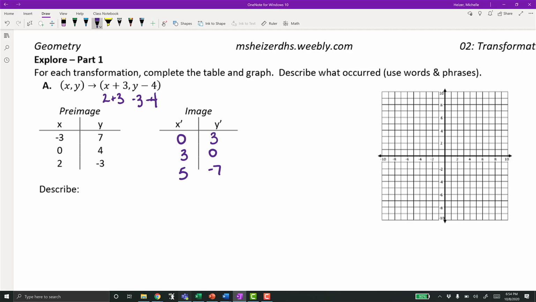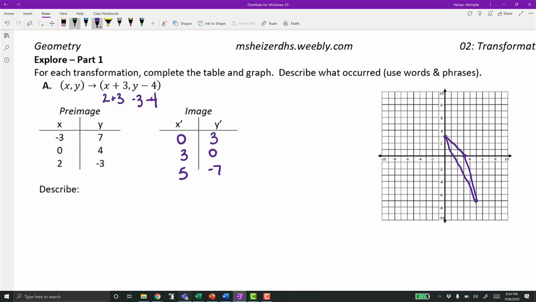So I'm going to graph my image over here: 0, 3, 3, 0, and 5, -7. So I have a triangle there.